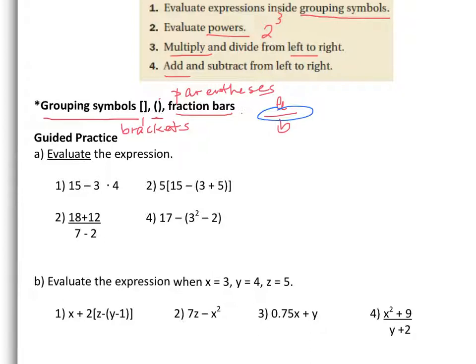Okay, guided practice. Evaluate the expression. So in this case, for number 1, we need to first multiply 3 and 4 to get 12. So 15 subtract 12 is 3. For number 2, we need to first evaluate everything inside the grouping symbols.